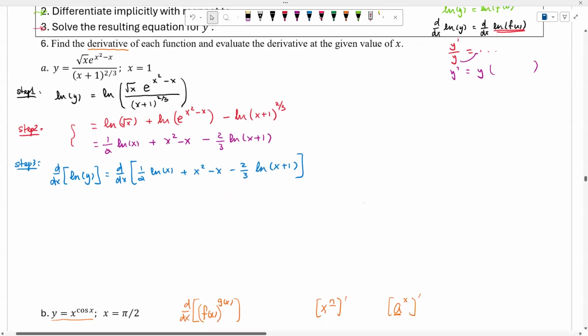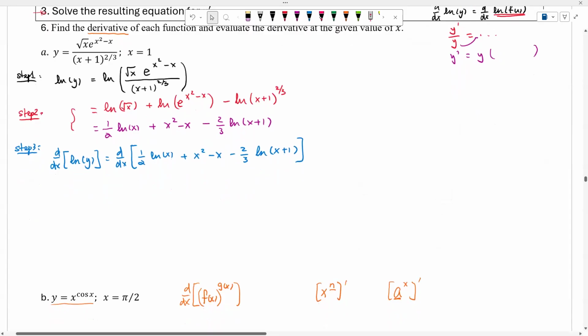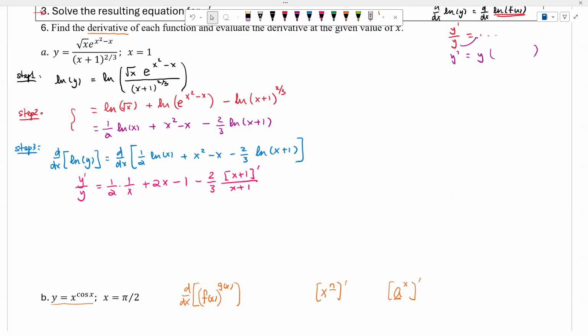And now, of course, we are taking the derivative. In this case, I will have y prime over y is equal to 1/2 times the derivative of natural log of x, which is 1/x, plus 2x minus 1, minus 2/3 times the derivative of natural log of x plus 1, which is 1 divided by x plus 1.